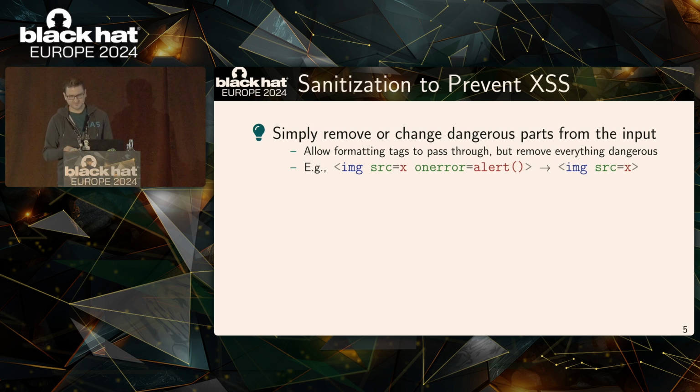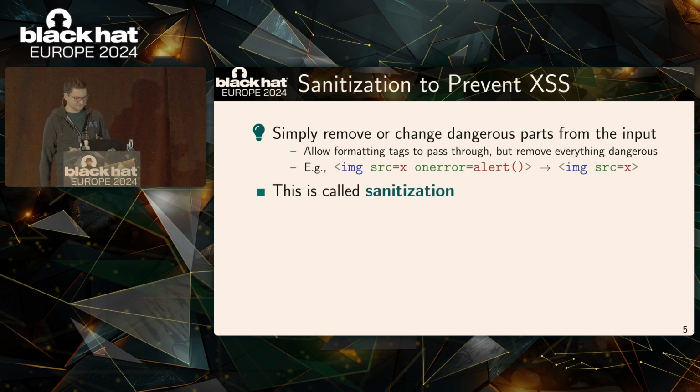But if you have a cross-site scripting payload, like the image tag shown here, if the source X doesn't exist, X is not some URL that is retrievable, then the on-error handler is called and this alert box pops up. You obviously don't want this, because the hacker wouldn't use alert, but they would steal your data. What the sanitizer would do is simply remove this on-error attribute so that only an image is shown, and that's safe, right?